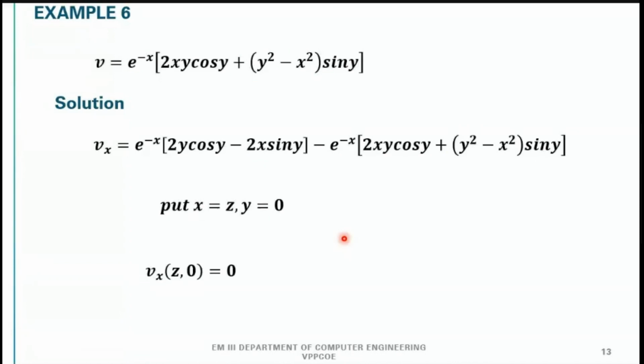In a similar way, calculate vy. Now when we calculate vy, e raised to minus x is the constant. तो खाली ब्रैकेट टर्म को हमें डिफरेंशिएट करना है. e raised to minus x will remain as it is. So in the next step, vy, differentiating v partially with respect to y.